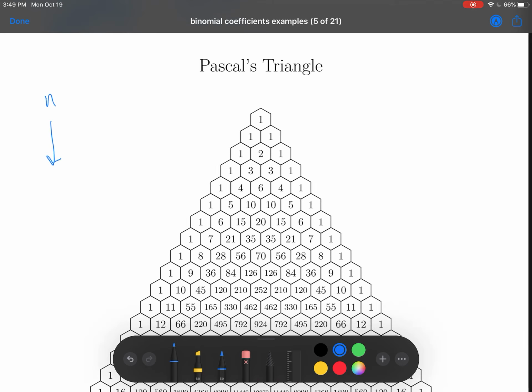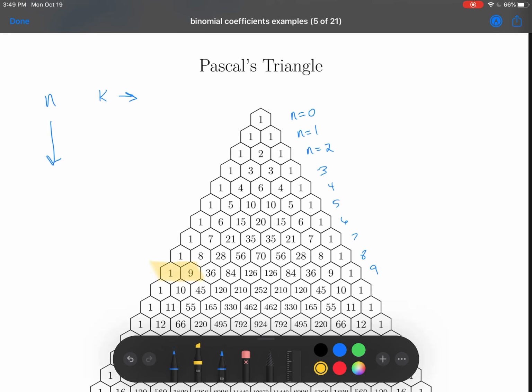So the n values go this way and the k values go this way. Remember, up here is n equals 0. Then we have n equals 1, n equals 2, etc. So here's 3, 4, 5, 6, 7, 8. We're looking for n equals 9.